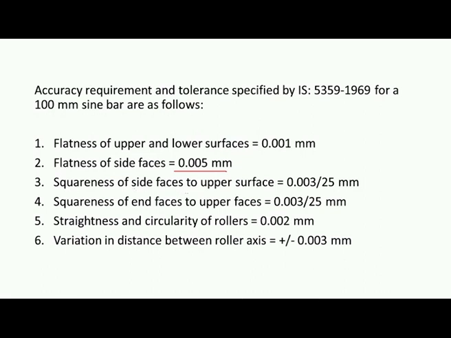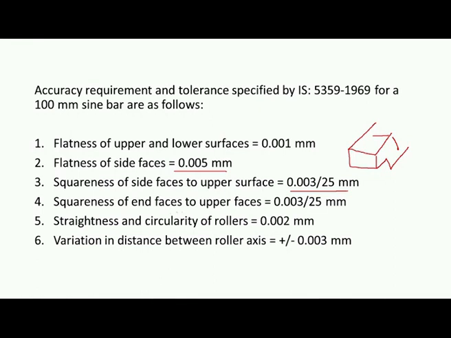Squareness of side faces to upper surface, that means if this is the sine bar, squareness of the side surfaces to the upper surface should be within 0.003 per 25 millimeter.